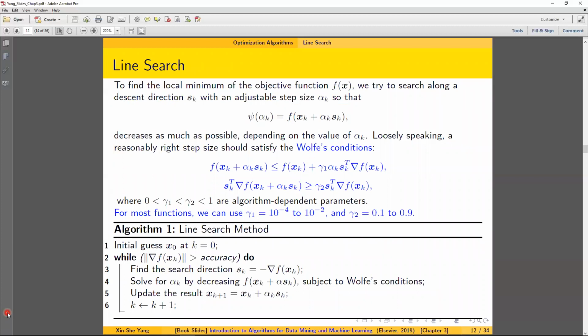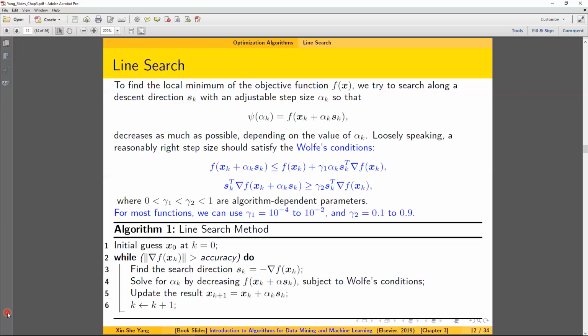Another algorithm is called line search. To find the local minimum of the objective function f(x), what we are trying to do is search along a direction s_k with an adjustable step size alpha_k, so that we define phi(alpha_k) equal to f(x_k plus alpha_k s_k). We also make sure that this function decreases as much as possible, which depends on the value of alpha_k.